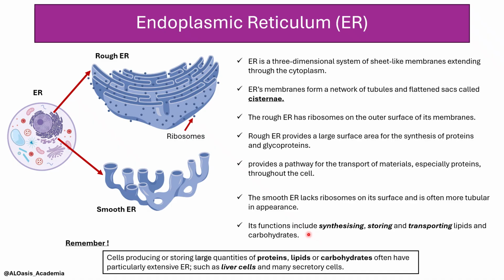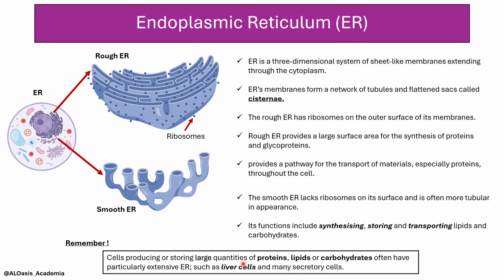Cells that tend to produce and store large amounts of proteins, lipids, and carbohydrates tend to have an extensively big endoplasmic reticulum. That's the same point we mentioned a few minutes ago, when we said that different cell types have different functions, and therefore different proportions and numbers of organelles within the cell. One example is liver cells and many secretory cells.